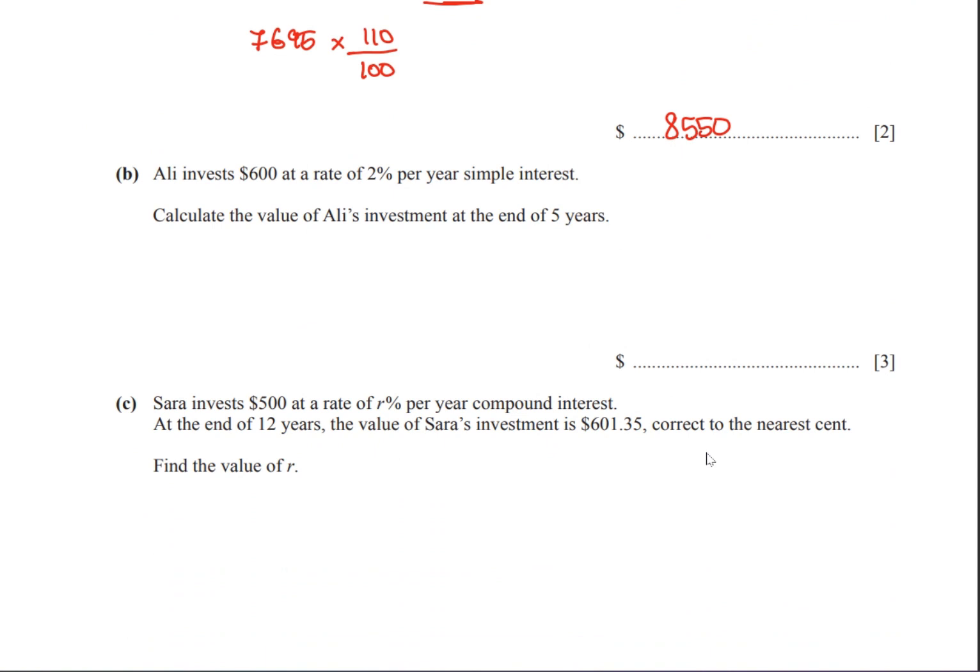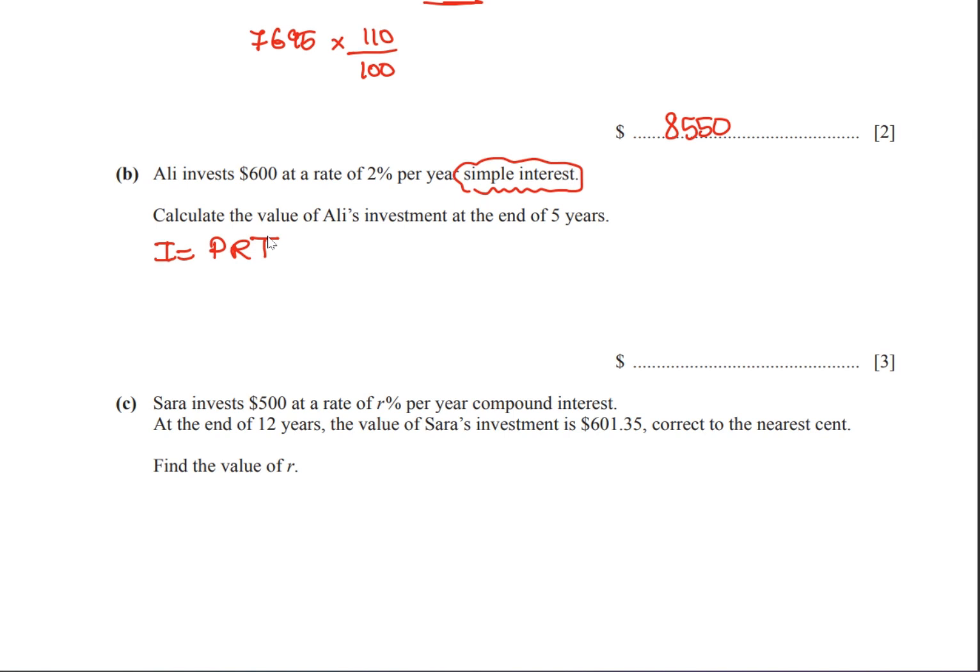Ali invests 600 at a rate of 2% per year, simple interest. Whenever I read simple interest, I have to write the rule of the simple interest, and there is something here you have to notice. The rule of simple interest is I equals PRT. When you calculate P multiplied by R multiplied by T, it gives you only the interest, the amount of money that increased.